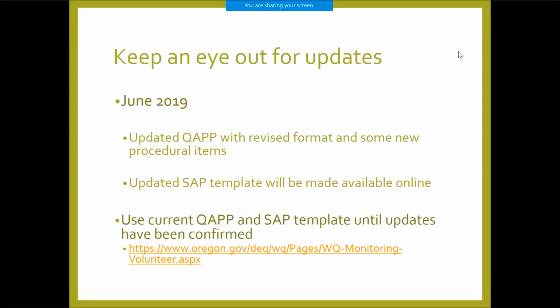Same with the SAP template that I spoke about. That will be updated as well to match the changes in the QAPP. But up until that time, if people are interested in starting this process prior to that, you're more than welcome to use the current QAPP and SAP template that are up there. They're still very functional, and we can address any of the changes that need to be made as we go along through that process.